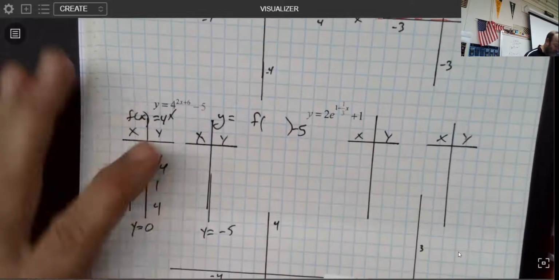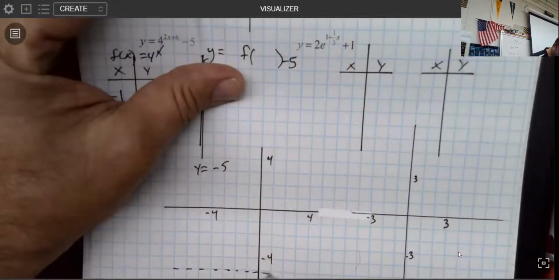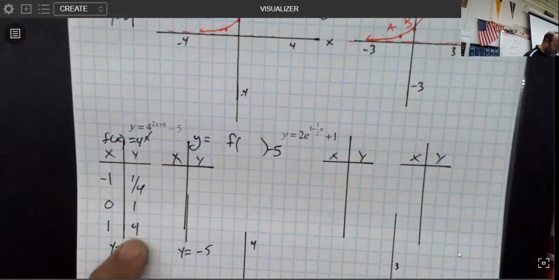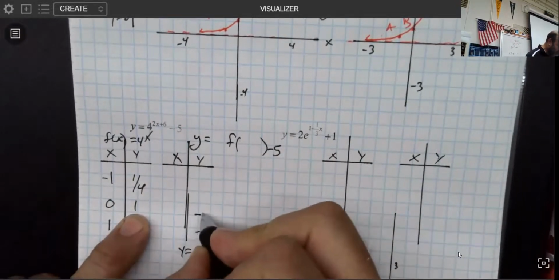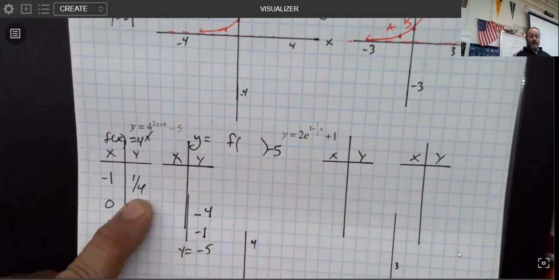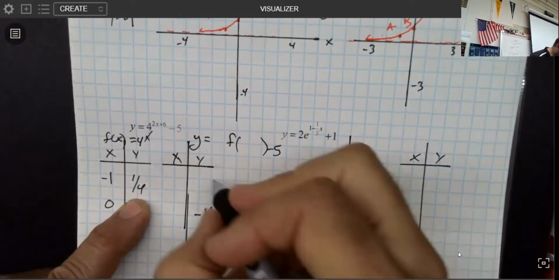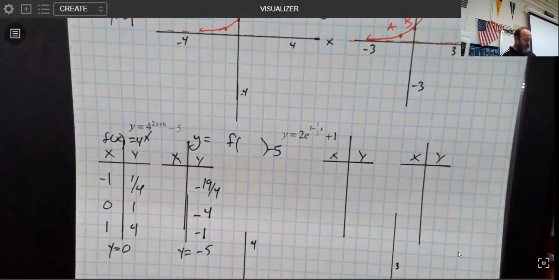So I'm going to go ahead and put that horizontal asymptote in down here. y equals -5. I have the number 4 is going to become -1. The number 1 is going to become -4. And the number 1/4, if I slide down 5, also known as 20 quarters, 1 minus 20 quarters is -19 quarters. Not a really super nice number, but not terrible either.